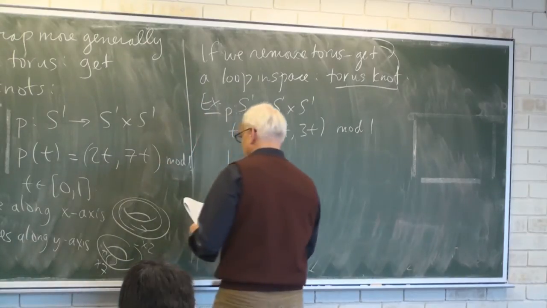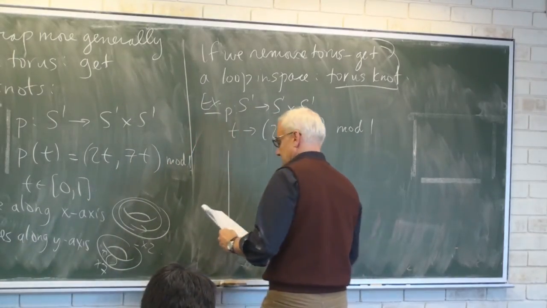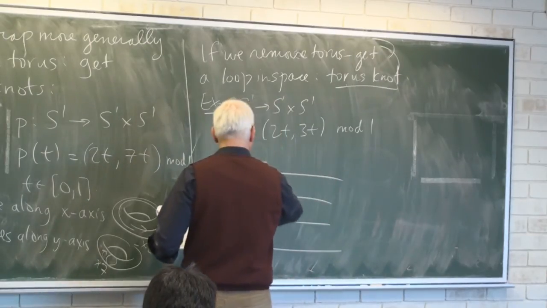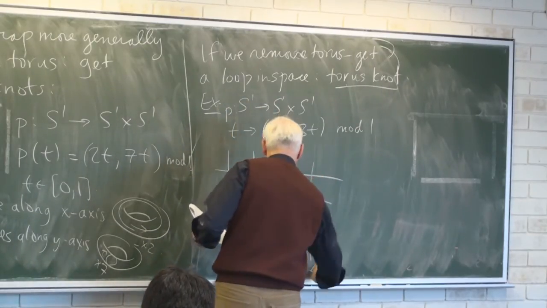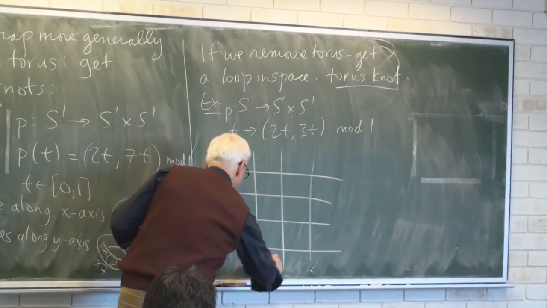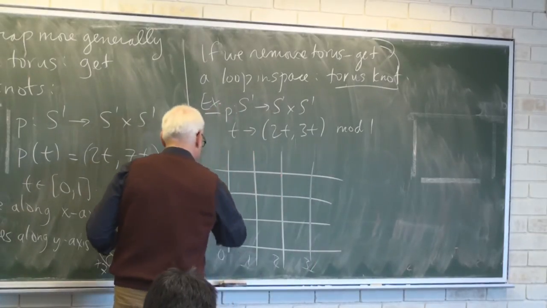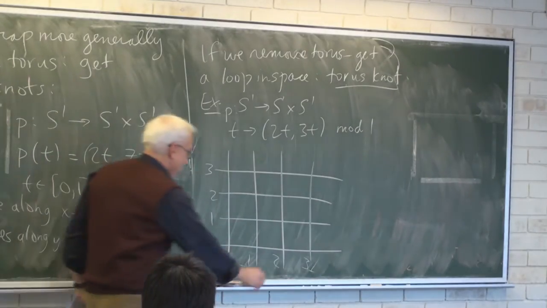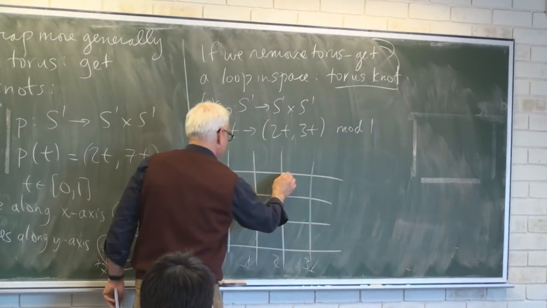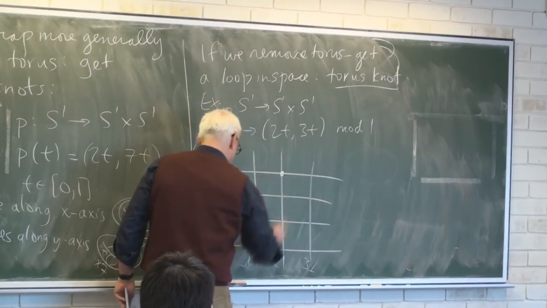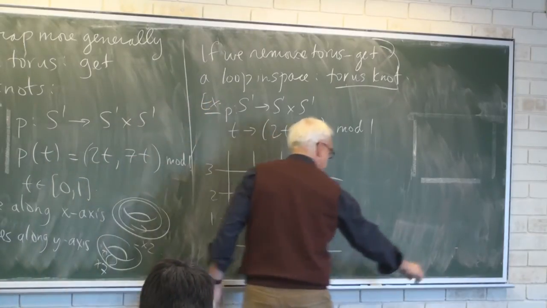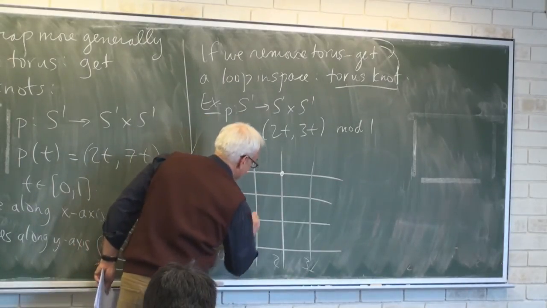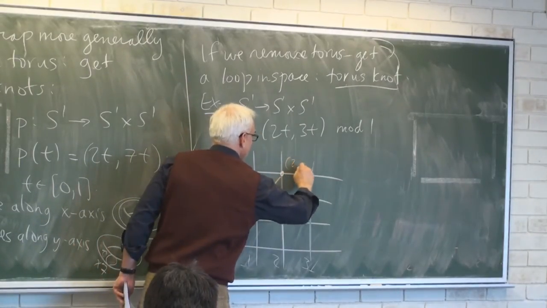That can be visualized in a number of ways. Here's a diagrammatic way of representing it. So 0, 1, 2, 3, 1, 2, 3. I'm going to go around twice in one direction and 3 times in another direction. So I'm essentially taking a straight line path from (0, 0) to the point (2, 3).